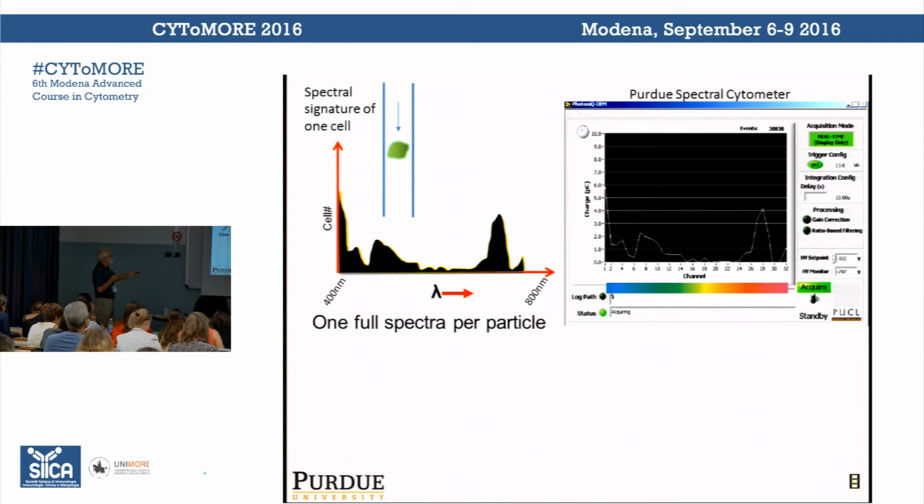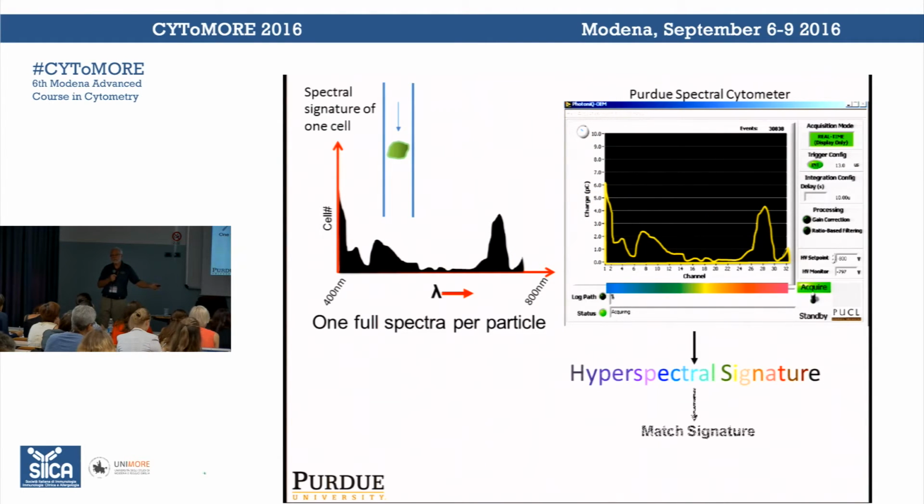This is equivalent in wavelength here from 400 to 800 nanometers. Here's a cell going down through the flow cytometer. And when the laser hits that cell, it generates a signal. And that signal is the fingerprint for that cell. So there it is. And that's what we call a hyperspectral signature.